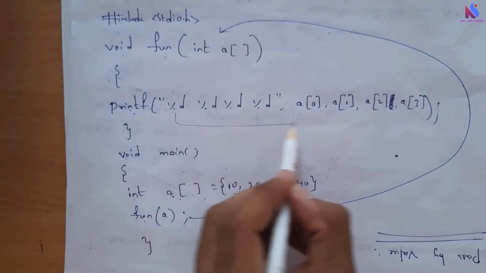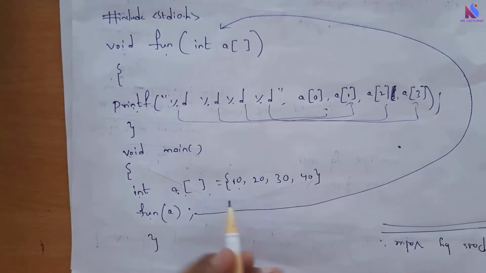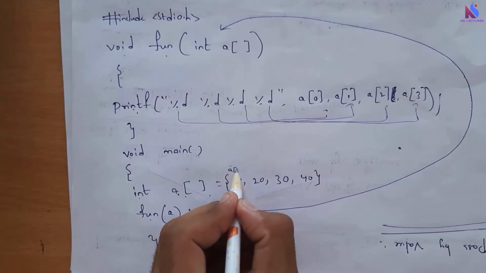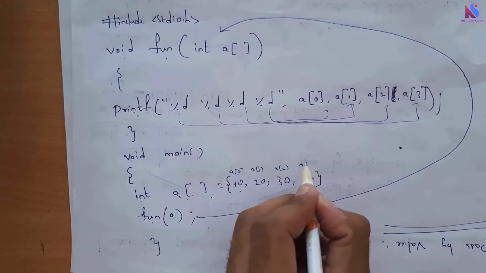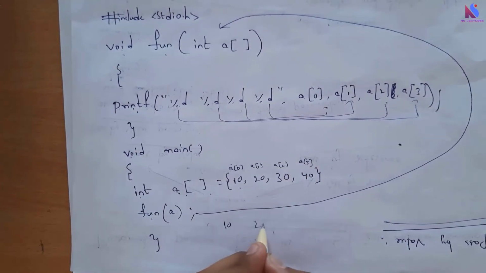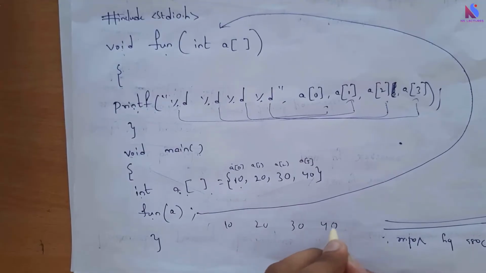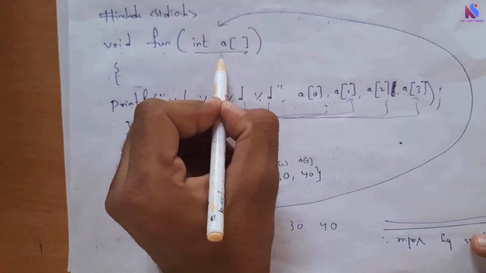This %d is for a of 0, a of 1, a of 2 and a of 3. That means the values present in index number 0, index number 1, index number 2 and index number 3 will be printed as output. So I will get output as 10, 20, 30, 40. This is my output. This is an example of passing an array as an argument to a function.